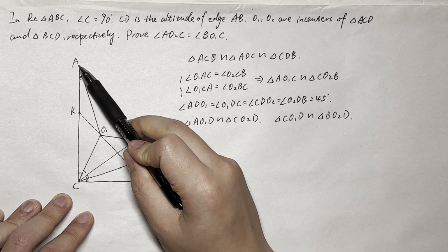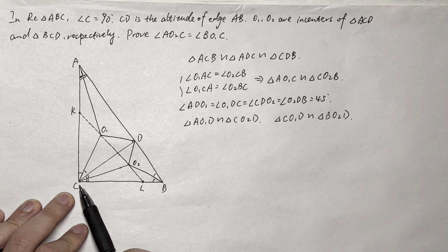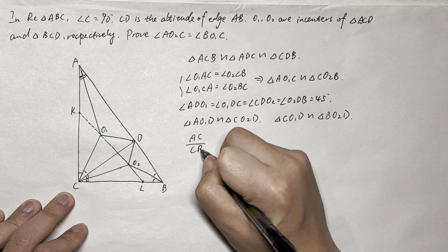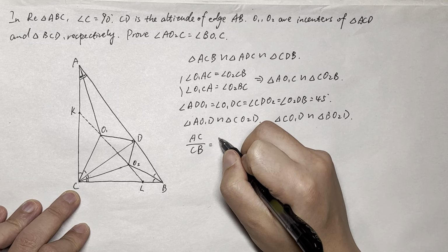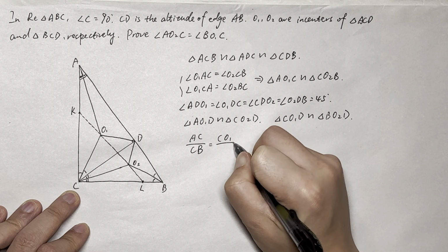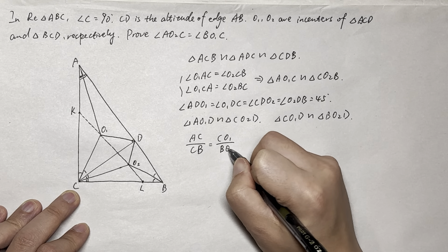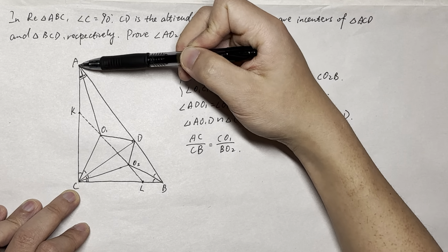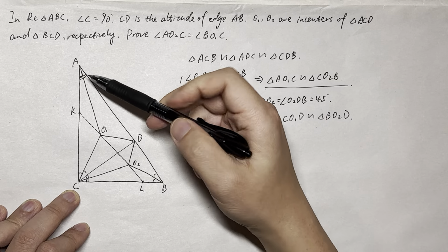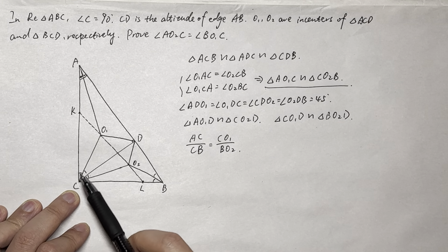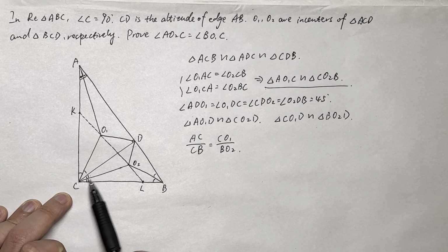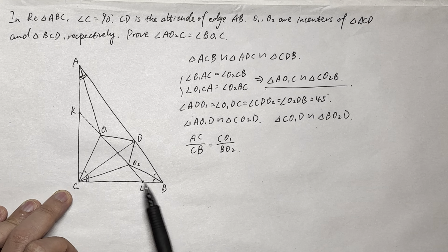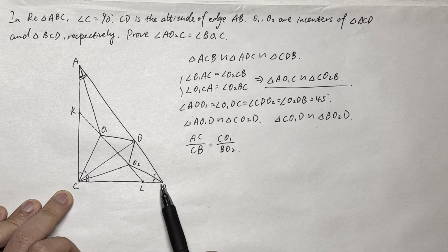Based on triangle AO1C being similar to triangle CO2B, we can get that AC to CB equals CO1 to BO2.